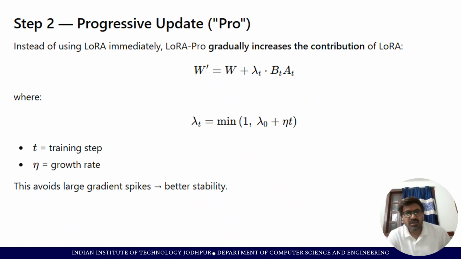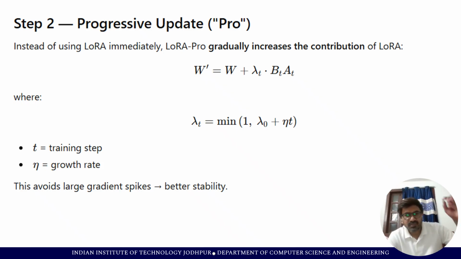This brings us to step two, the progressive update, which gives the Pro to LoRA-Pro. Instead of just adding the LoRA matrices from the start, their contribution is scaled by this lambda coefficient, as you can see from the lambda formula.